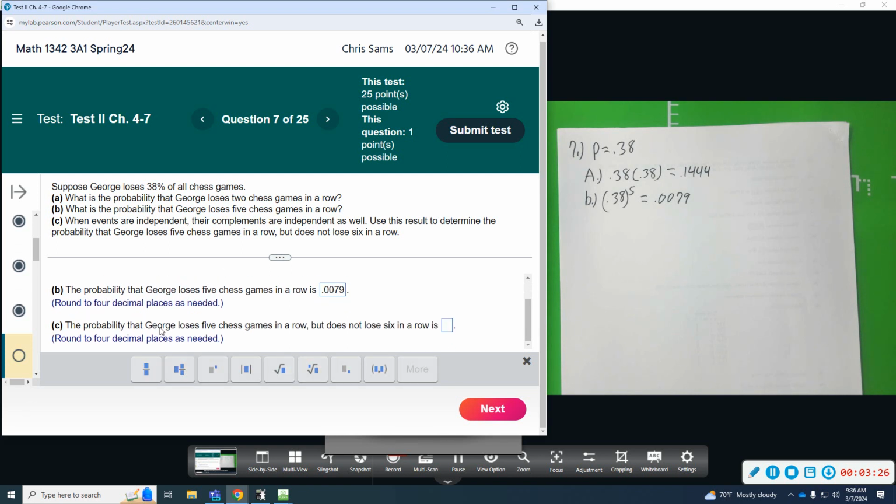All right, the probability that George loses 5 in a row, but does not lose 6 in a row. So the hint they're giving you is that when events are independent, their complements are independent as well. So we're thinking about the 1 minus case.